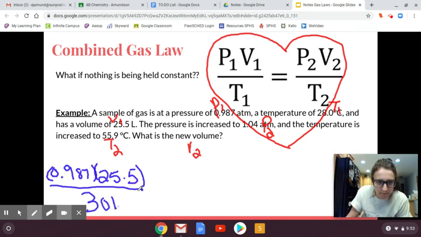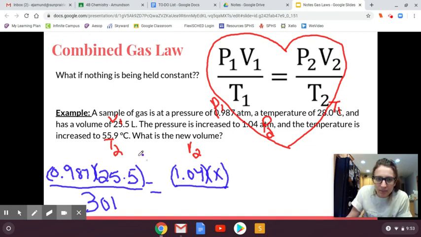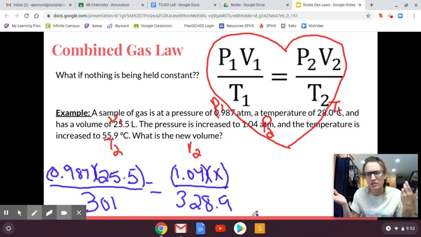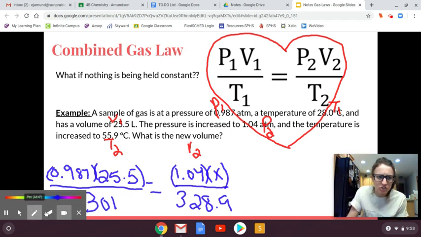So I put in 301, is equal to P2, 1.04, times V2, which is our unknown, so you can plug in x if you like that better, divided by T2, which is 55.9, but again, add 273 to that to get it into Kelvin. 328.9 is T2 then. So it's still just algebra. You just have a couple more numbers to multiply together to solve this, all right? It is still a fraction equal to a fraction, so I'm still going to cross multiply.